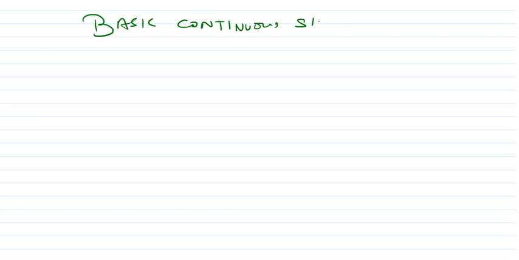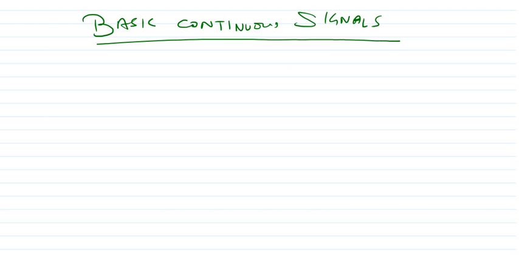Some basic continuous time signals: the first signal is delta(t). How to represent delta(t)?